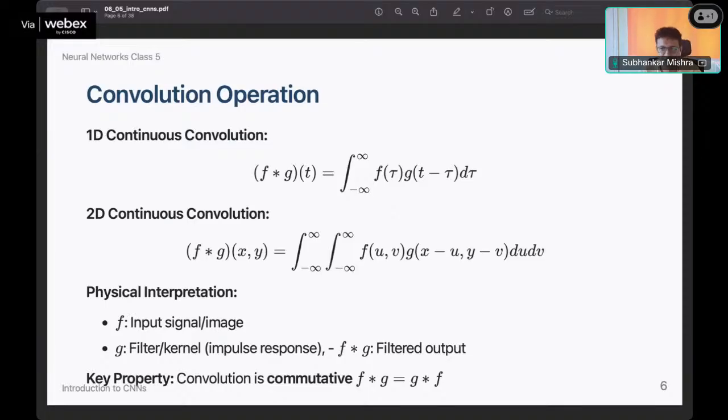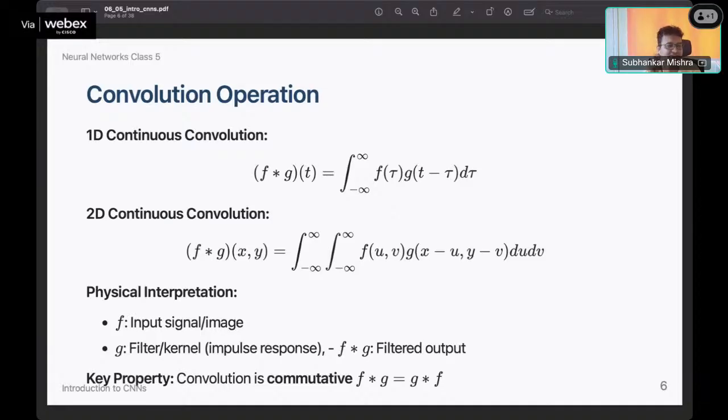Now, before just jumping to images, we will quickly go over convolution a little bit more mathematically, right? It's very fundamental to signal processing. If you look at this first equation, the 1D convolution, here F will be your input signal, that could be audio, let's say, or any time series. And G will be the filter or the kernel.